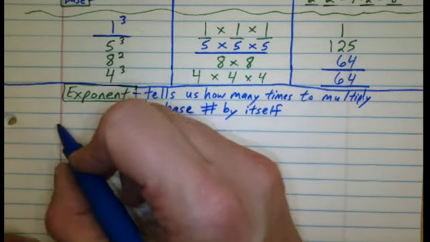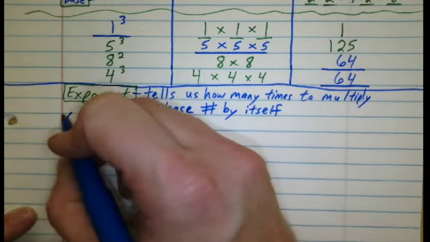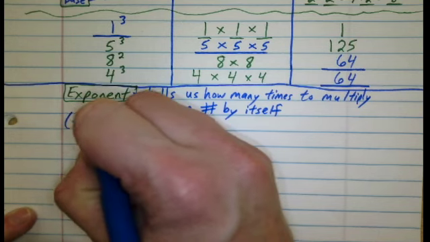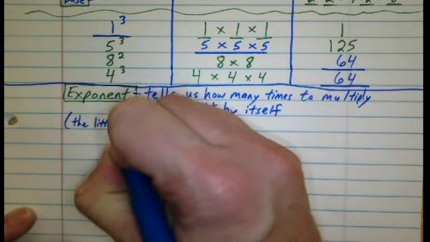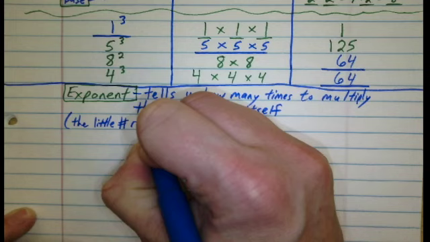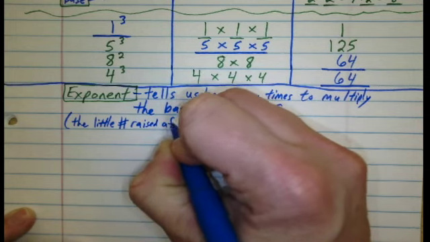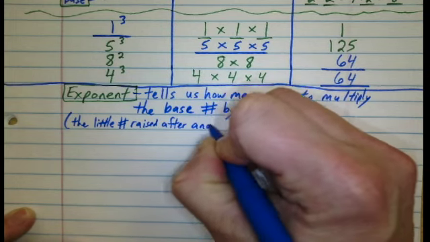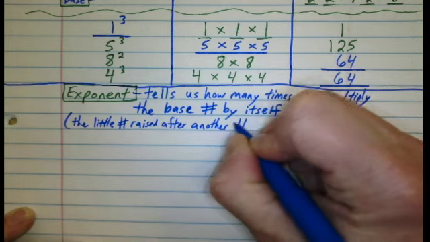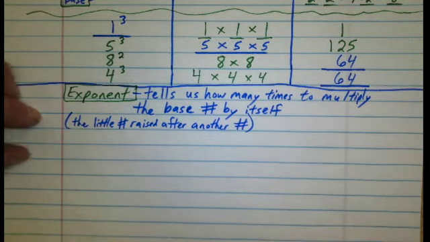It is the, I'll put it in parentheses, the little number raised after another number. That's the way you can identify the exponent.